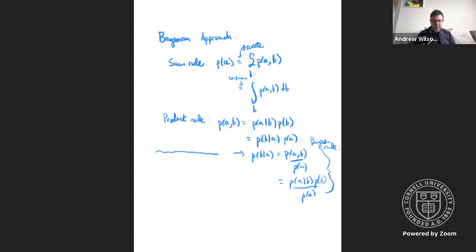And so let's see an example of that. If we want to be Bayesian and we want to make predictions, what we're trying to do is say, well, what is the value of our target y given any arbitrary input x star and our data? That's the question we're trying to answer.